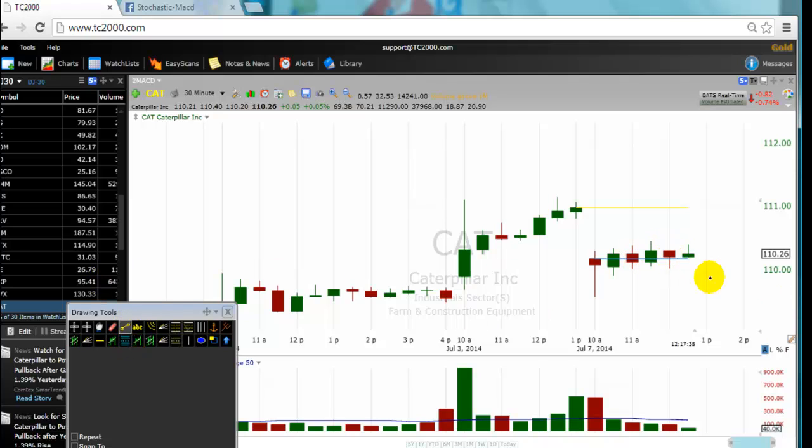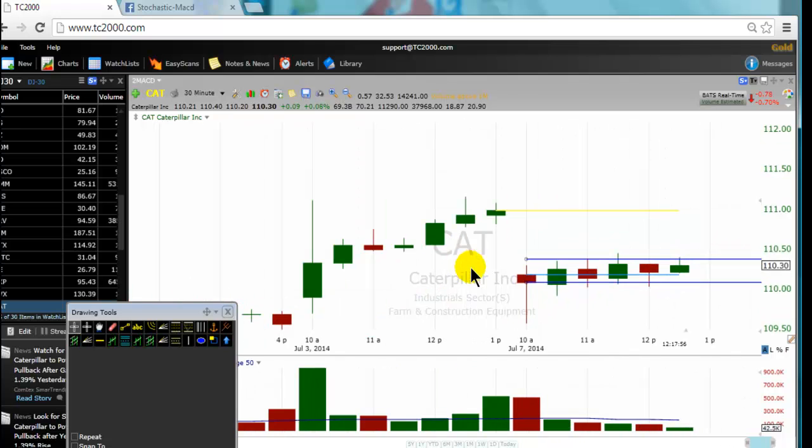On these 30-minute charts, it's clear to us that we have what we call a balanced market, and this is good for scalpers. If you hit this level, you come out, come down here, you buy again. Not a very beautiful bullish day, but you never know. Sometimes the market will be quiet, and then a few hours later it just starts going up. But we must keep watching this.